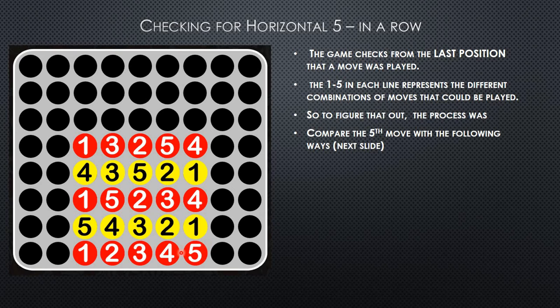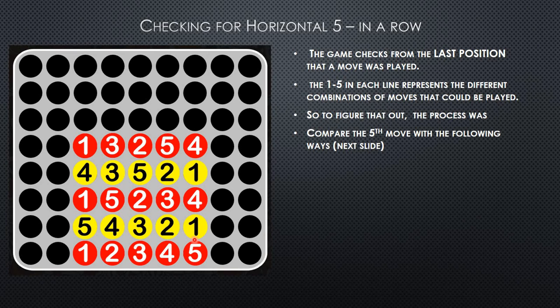And we had to make a case for each of these possible combinations because where your last chip falls depends on which direction you check in. Because you can't check outside the grid because there's nothing there to check.